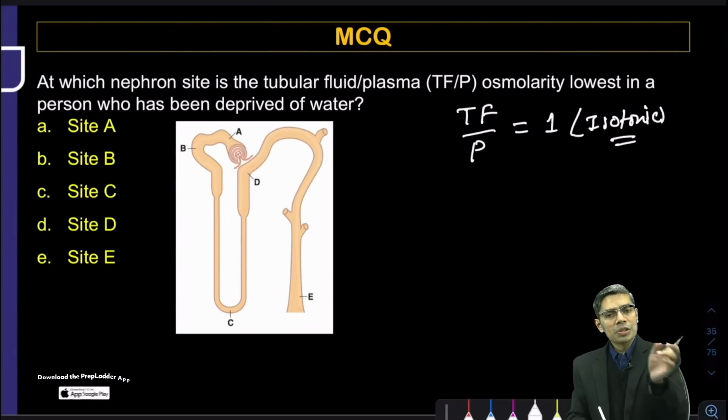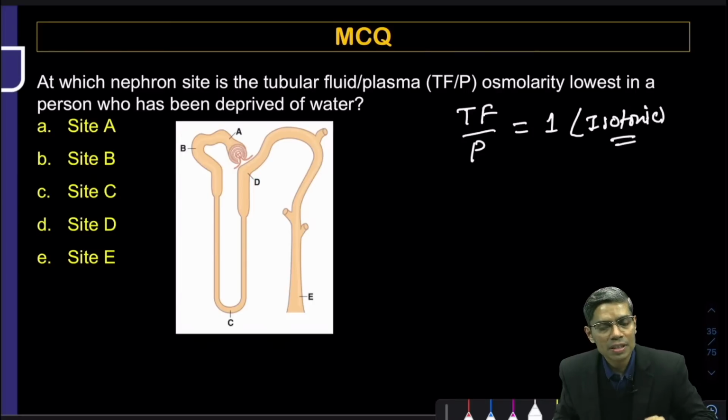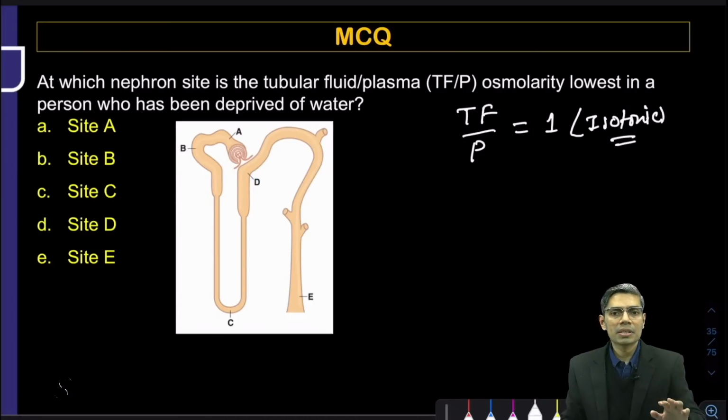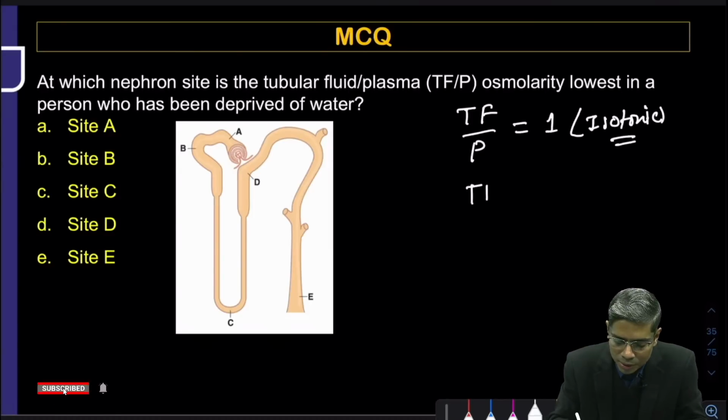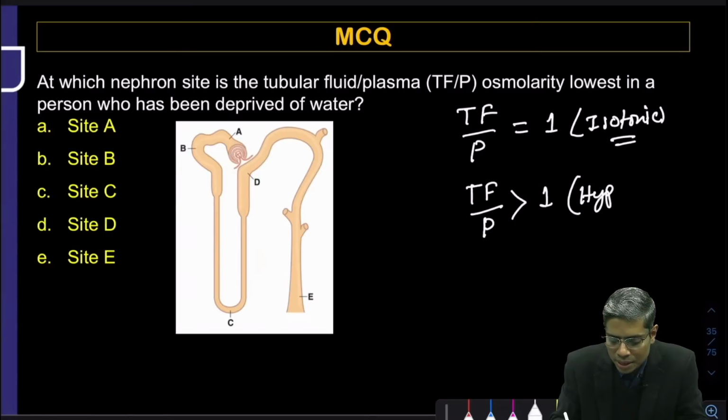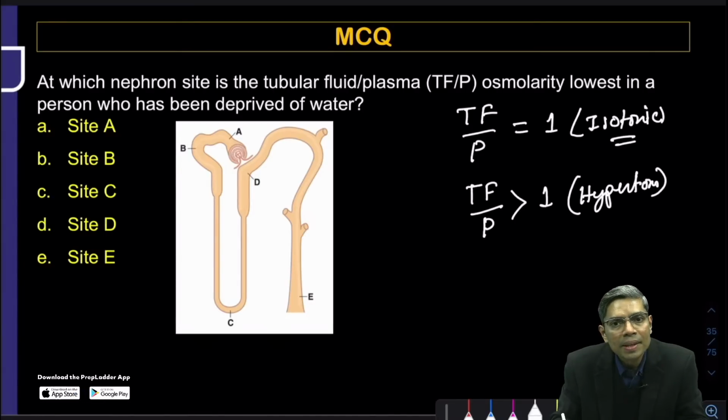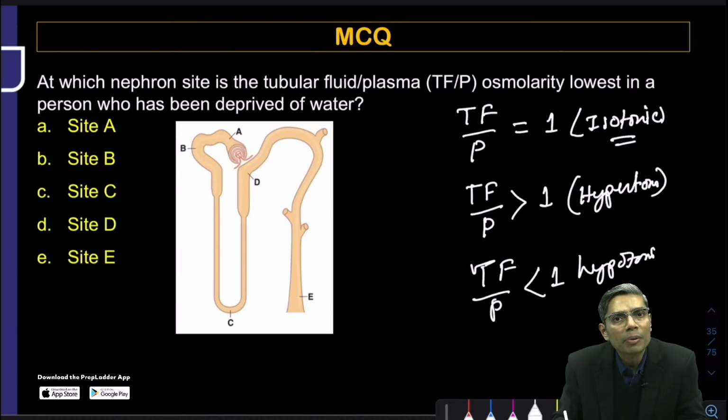Tubular fluid tonicity is the same as the plasma tonicity, that's why the ratio is 1. It means the tubular fluid is isotonic to plasma. If the tubular fluid to plasma concentration is greater than 1, then the tubular fluid is hypertonic in nature. Getting my point? And obviously, if the tubular fluid to plasma tonicity is less than 1, then this is hypotonic. Getting my point?